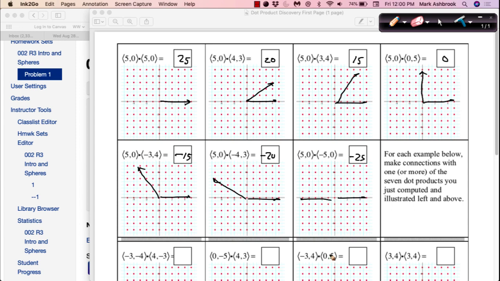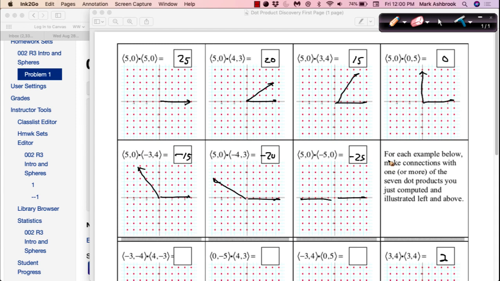And then you're supposed to compare these down here, just to look at the ones that get the same answer. For instance, this one gives what? 25? Anyway, there are ones below, and the idea was you were comparing the answers and then looking at the vectors to make some conclusions. What does this number have to do with the two vectors? Where does this number come from? What's the meaning of the number?